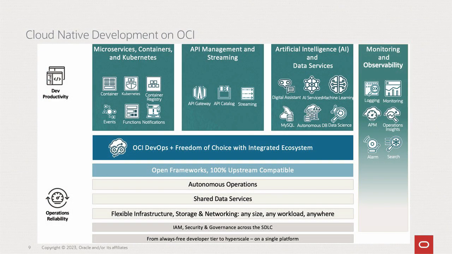Now, as I talked about earlier, we are already in the cloud. How can we take advantage of OCI tooling and capabilities to modernize that application, whether I'm going to change the application or start from scratch and build it cloud native? Something that comes into the discussion here is microservices architecture and API management.